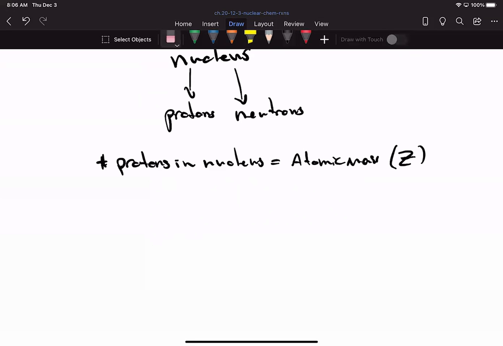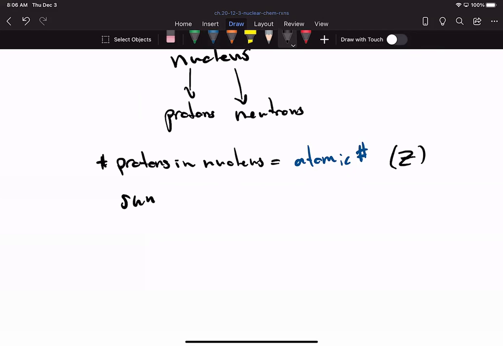Nope, wait a minute, what am I doing here? The number of protons is just Z. Sorry about that, not atomic mass, atomic number. So the number of protons in the nucleus is the atomic number, and we're going to use Z to represent that value.